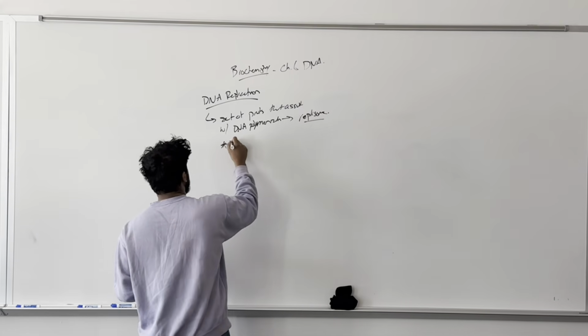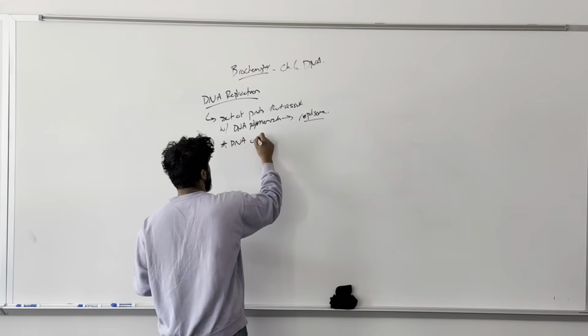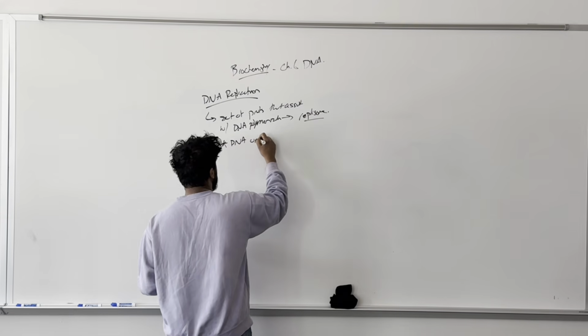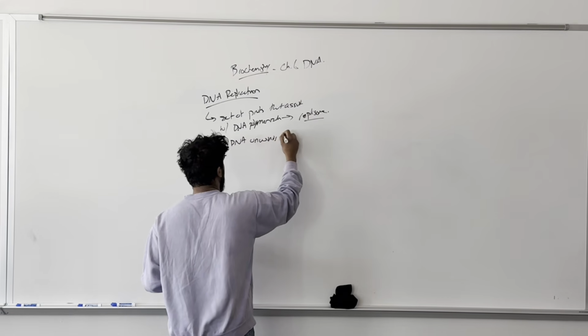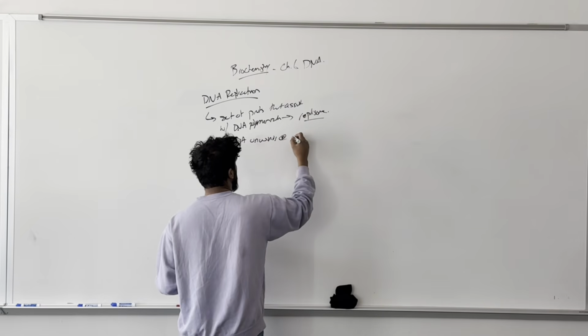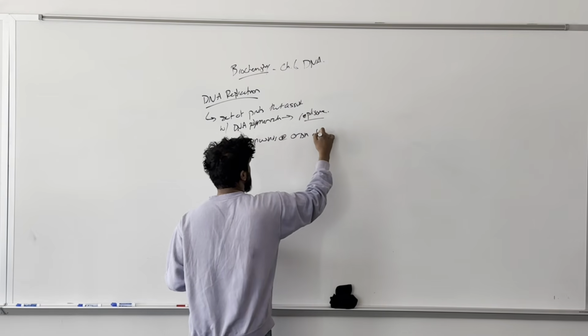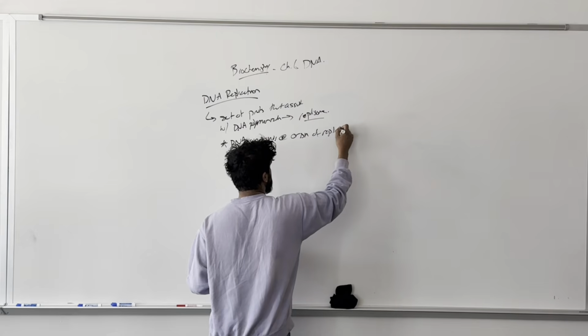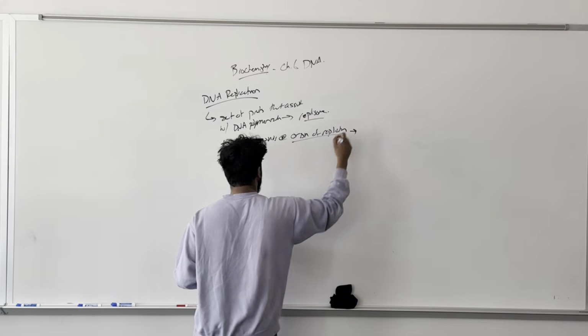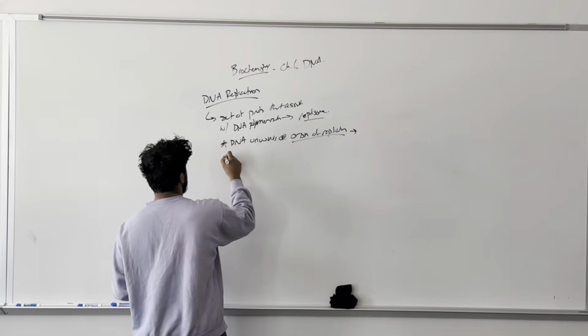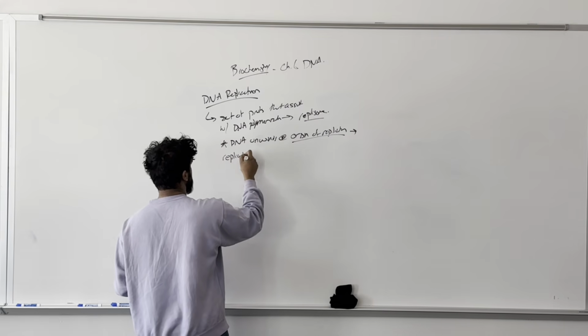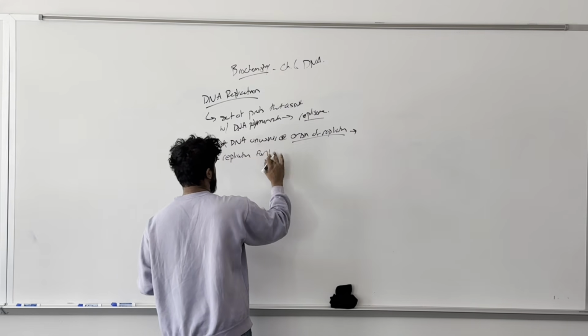And DNA unwinds at something known as the origin of replication, which produces a replication fork, which we'll look at in just a second.